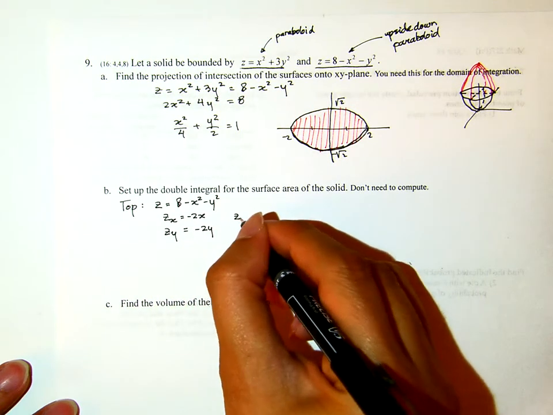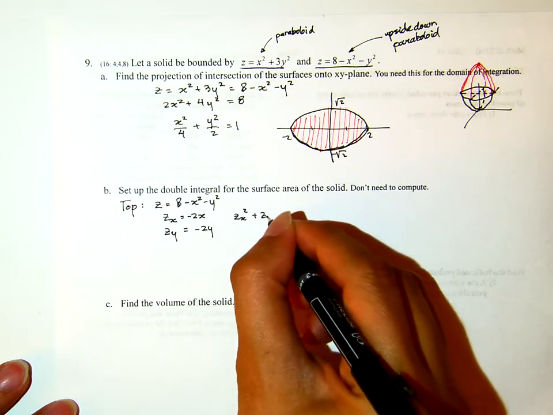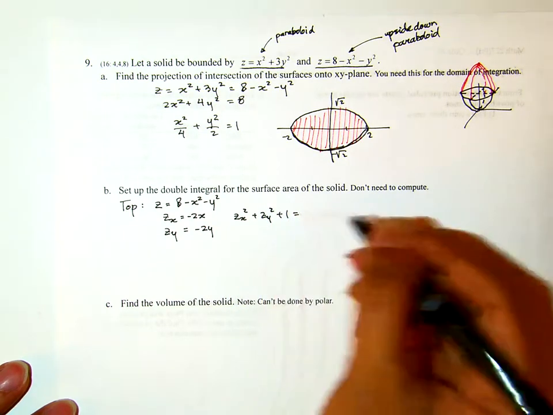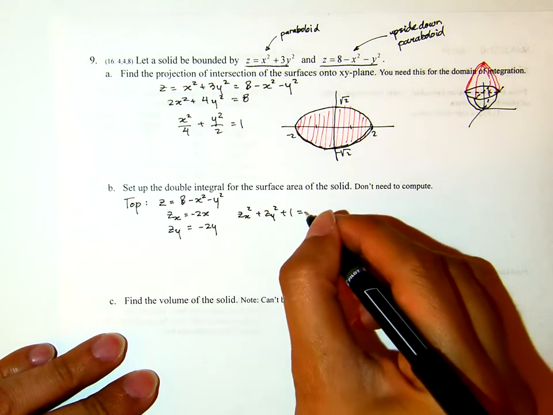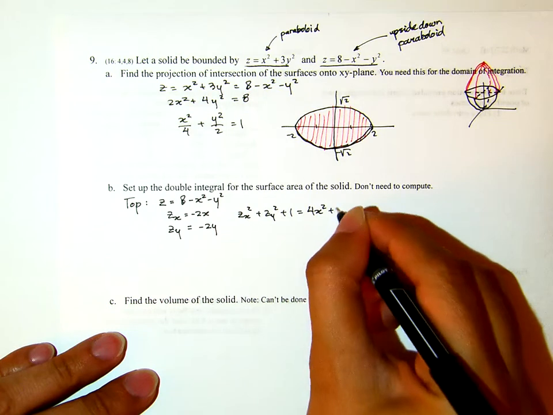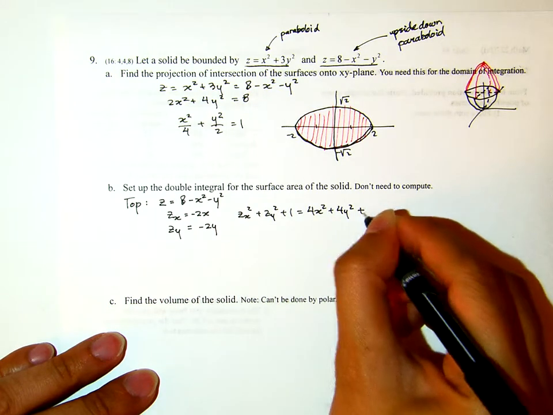Therefore z sub x squared plus z sub y squared plus 1 will be given by 4x squared plus 4y squared plus 1.